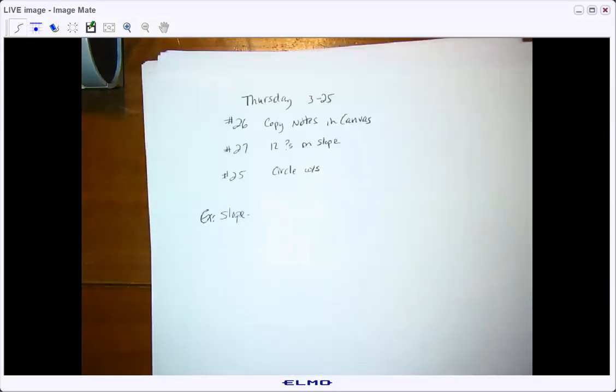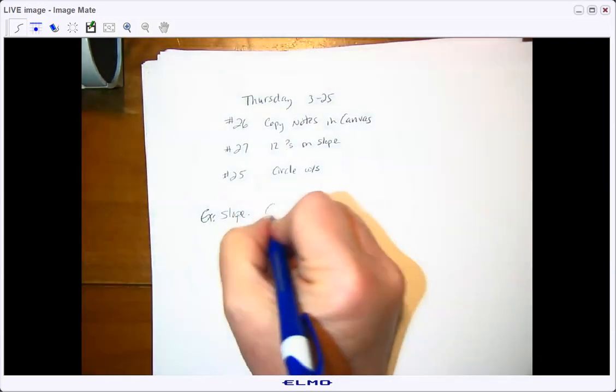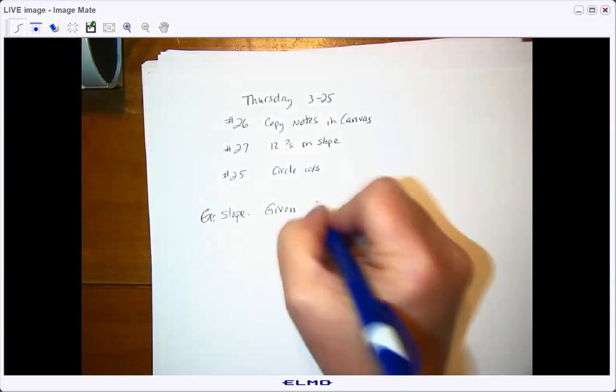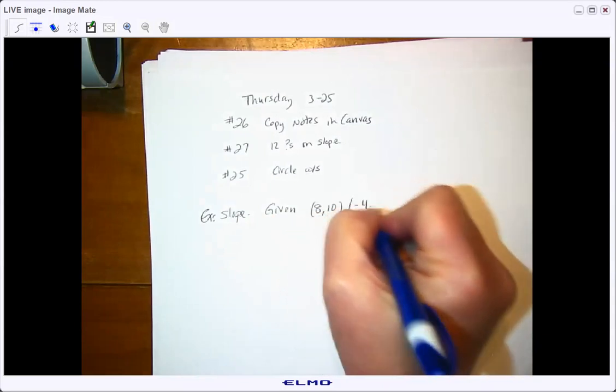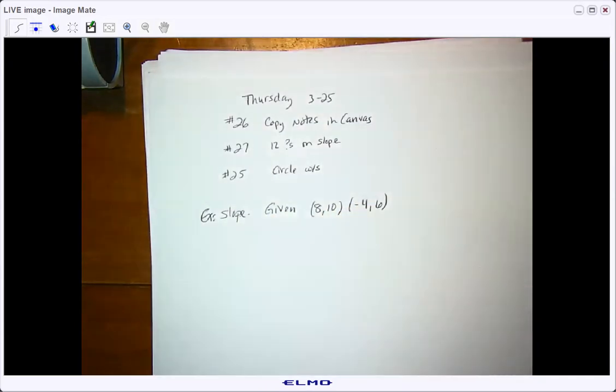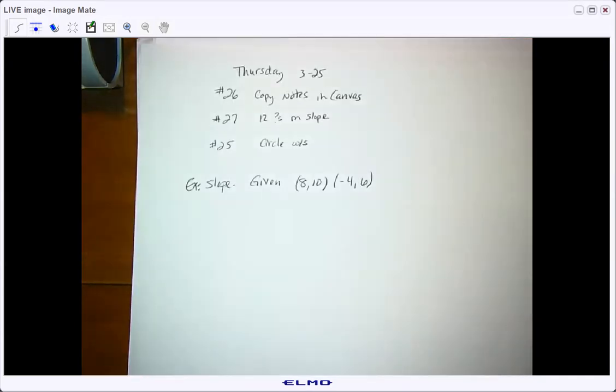Finding slope given 2 points. So for example, given the points 8, 10 and negative 4, 6, we want to find the slope. So we have a formula.